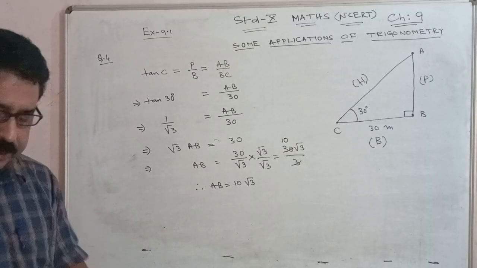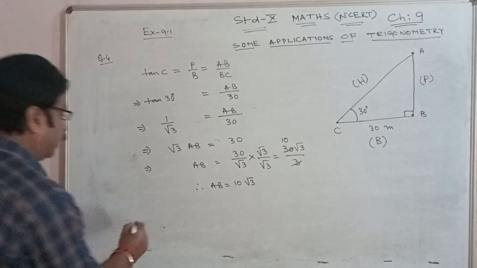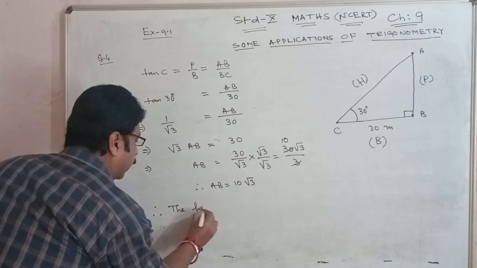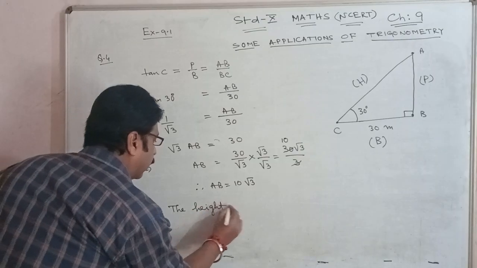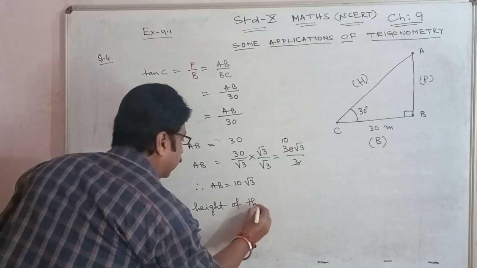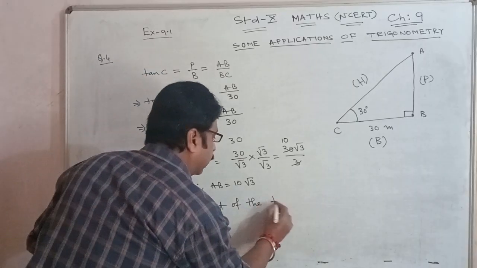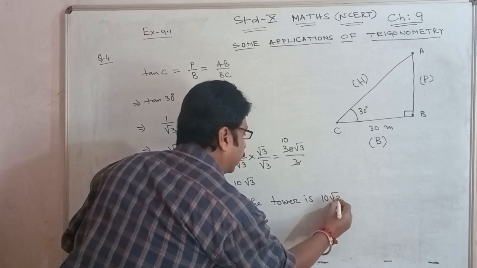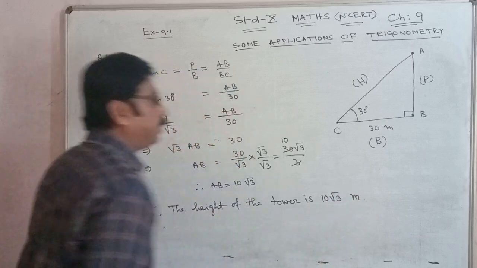Therefore, the height of the tower is 10 root 3 meter.